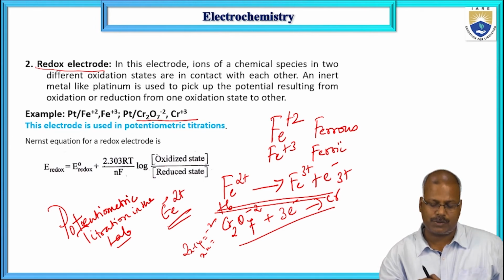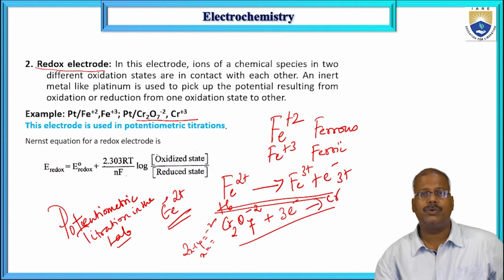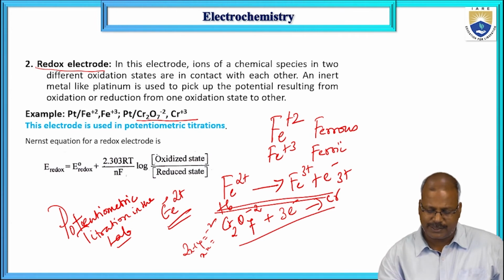Both electrodes are in the beaker, and the other ends are connected to a voltmeter.